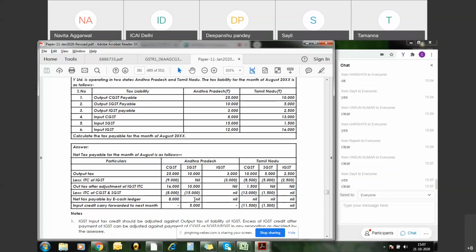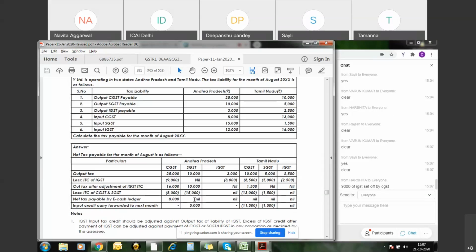Similarly, if we now see the state of Tamil Nadu, the output liability is given as 10,000, 5,000, and 2,500. First we have to consume the input available under IGST. So first we will take that figure of 16,000 and place it against whatever outward liability under IGST. It is 2,500 only.